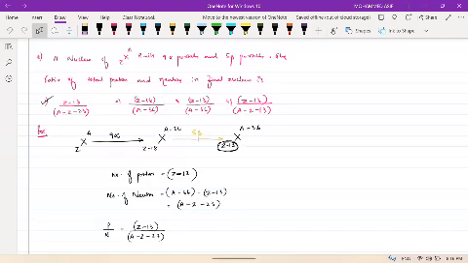Again, read the question carefully. Everything is given in the problem. A nucleus of X with atomic number Z and mass number A emits 9 alpha particles and 5 beta particles. The ratio of total protons and neutrons in the final nucleus is asked. First, if it is undergoing 9 alpha particles, atomic number will decrease by 18. And I told you how to calculate the mass number: A minus 4 times the alpha particles, that is 36 for 9, isn't it?